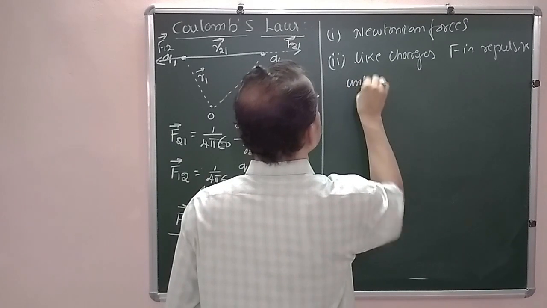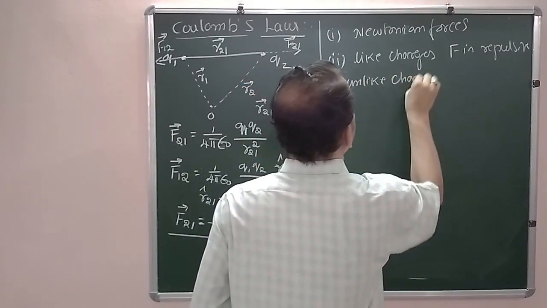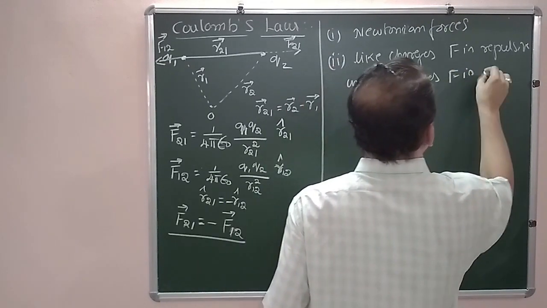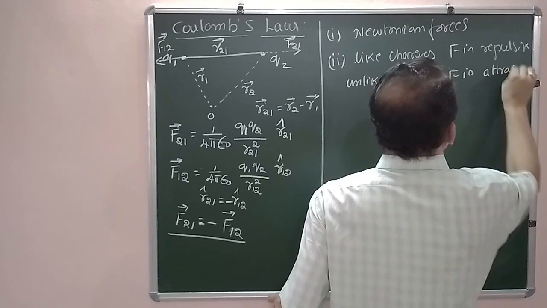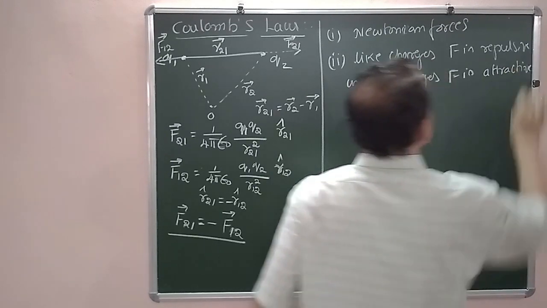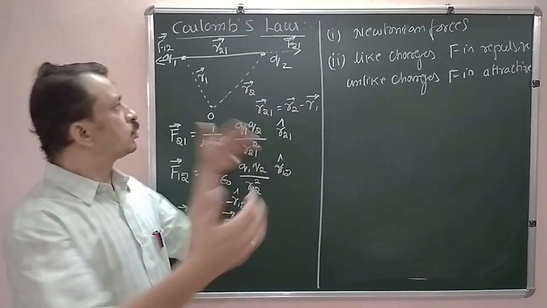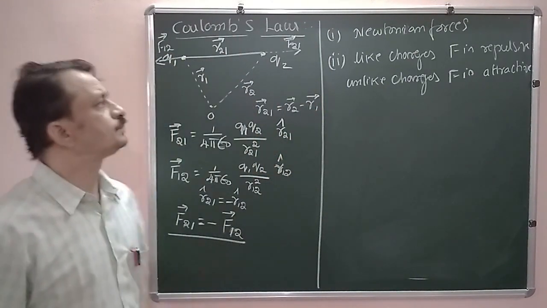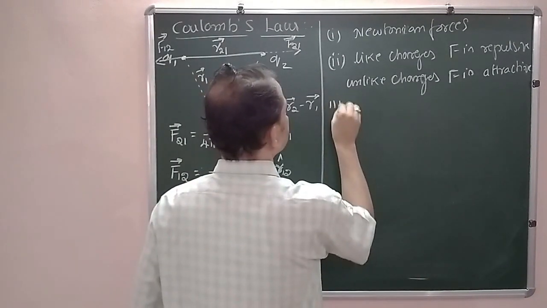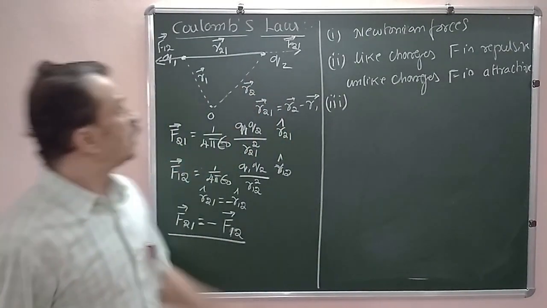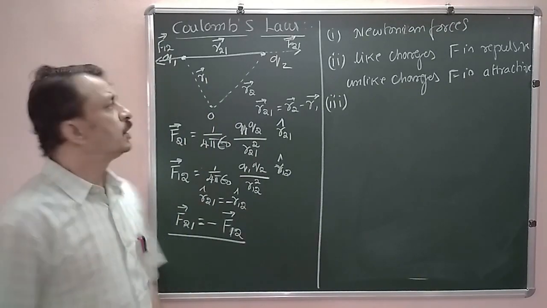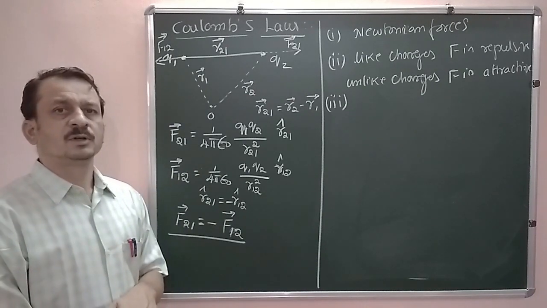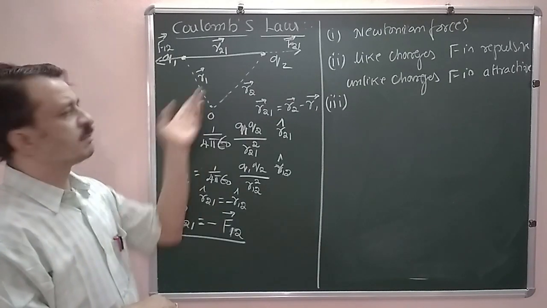For unlike charges, F is attractive, that is, those two forces act towards each other. The third one is an interesting one. While defining Coulomb's law, we have placed these 2 point charges in air or vacuum medium, whose permittivity is given by epsilon naught.